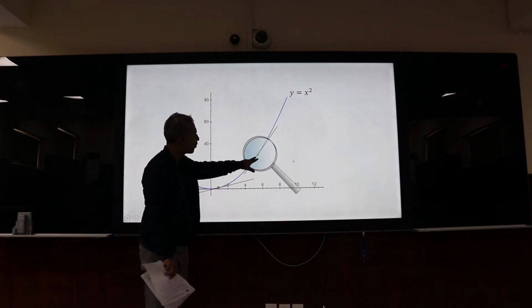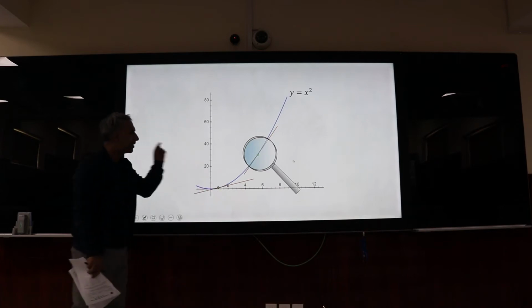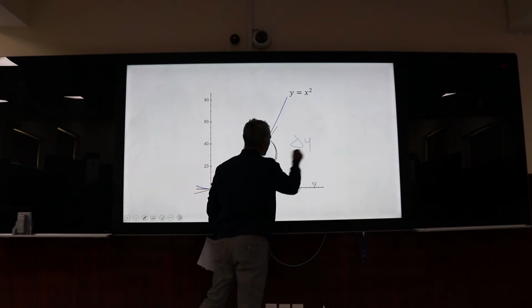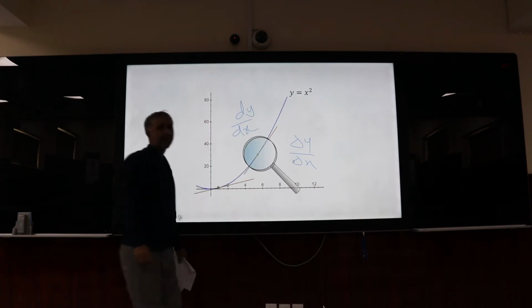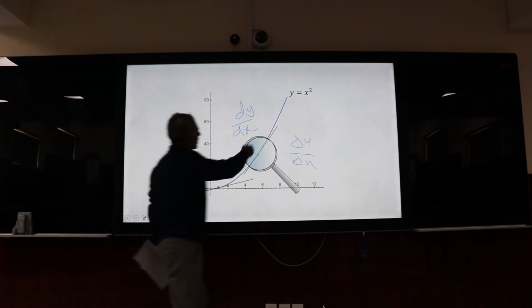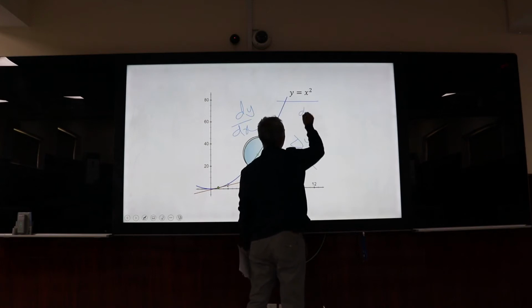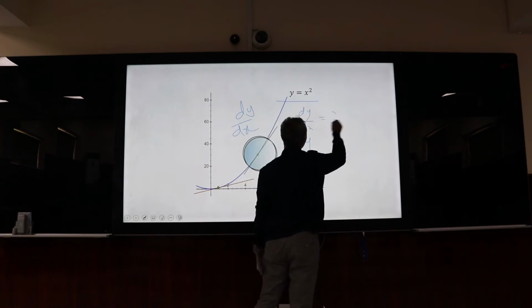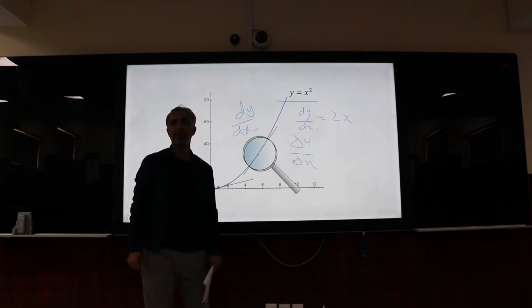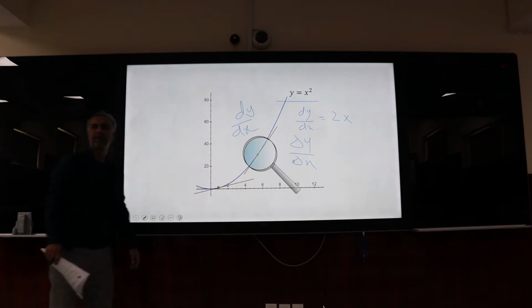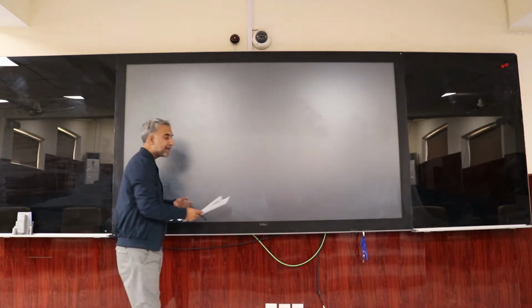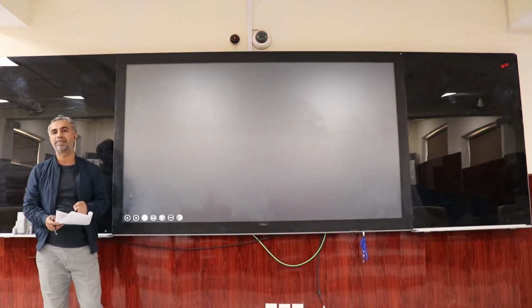If we zoom in on this one point, we understand this is not the average change, it is a very small change. If we determine this small change, dy over dx, it tells us the rate of change. This is the concept of change, but the important thing is how it is utilized in deep learning.